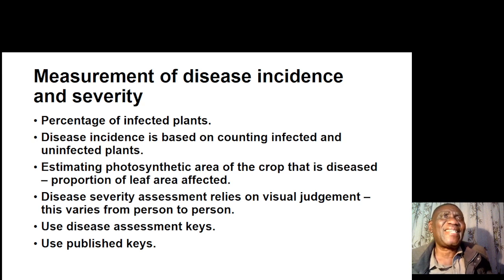Estimating the photosynthetic area of the crop that is diseased, a proportion of leaf area affected. Probably we are now looking at severity of the disease. So disease severity assessment relies on visual judgment. This varies from person to person. We can use disease assessment keys, use published keys which were developed by others.